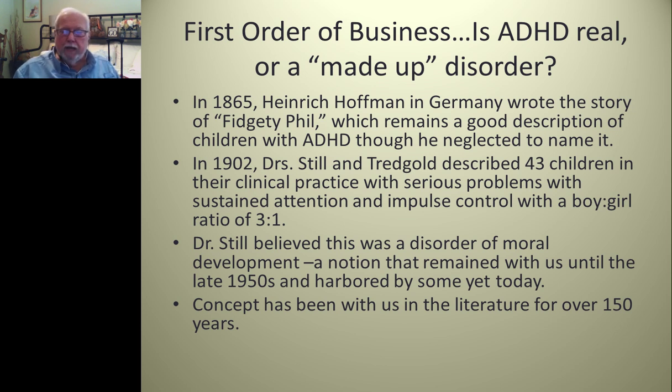It was not until 1902 that Dr. Still and Treadgold, who were pediatricians, described 43 children in their clinical practice in a peer-reviewed journal, children who had serious problems with sustained attention and impulse control. And they indicated that the boy-girl ratio was about 3-to-1, which is about what it is now.